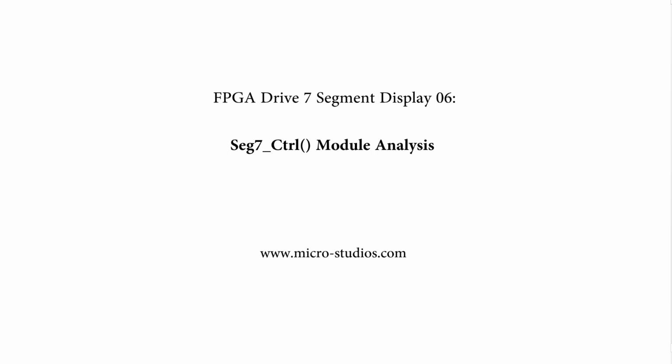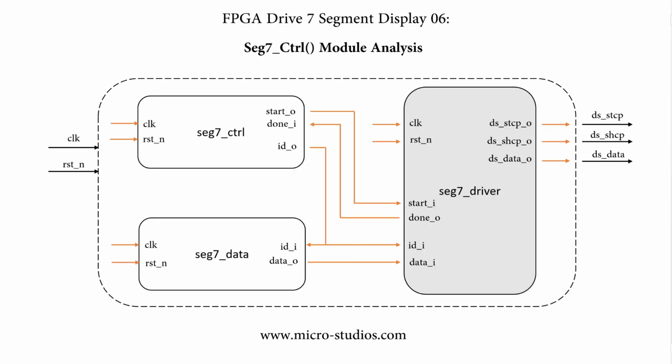In this video, we will talk about the segment 7 control module analysis for the FPGA driver 7-segment display 06. From the previous video, we got this system block. In this video, we will focus on this module.